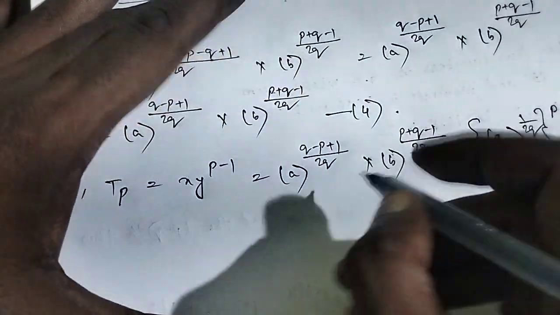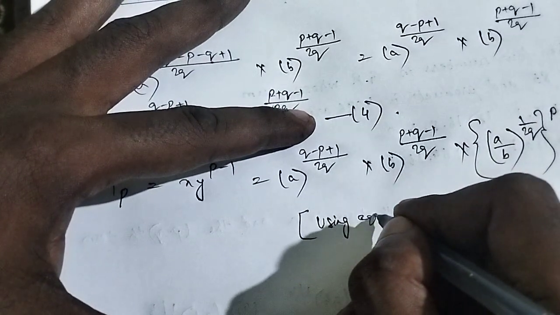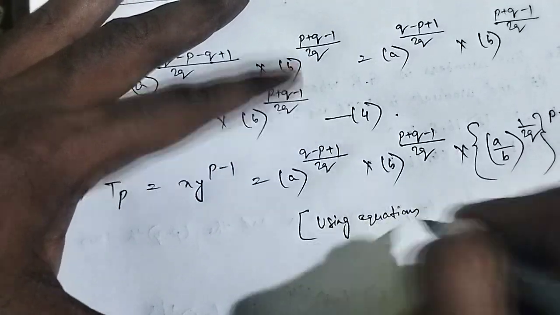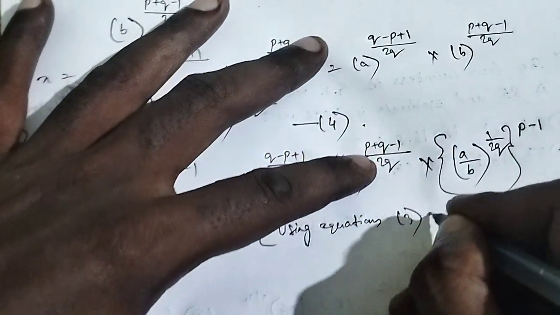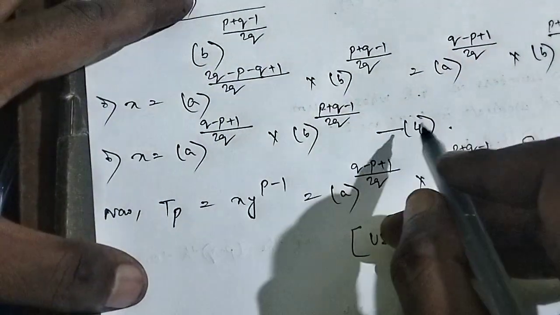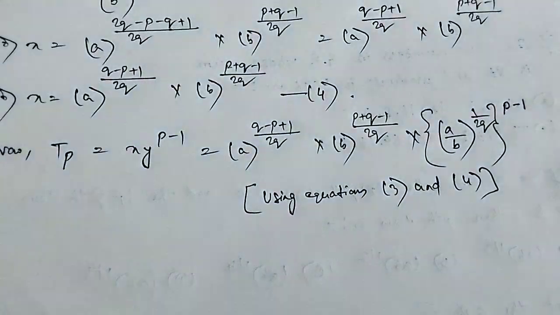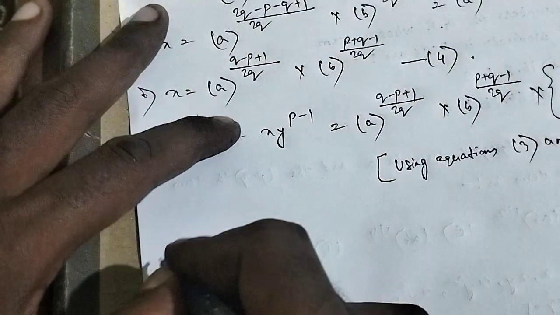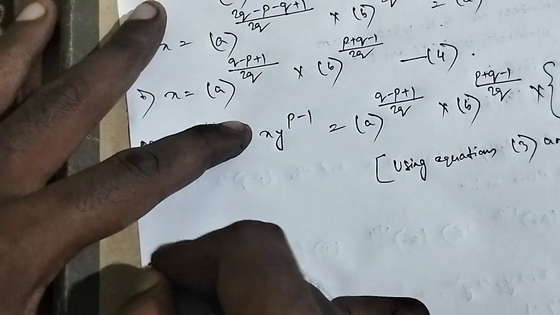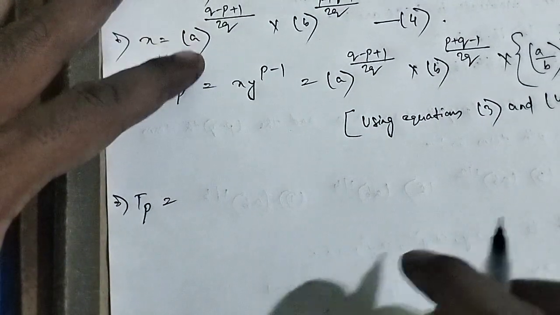okay, now here we have to write using equations 3 and 4, we got this value using equations 3 and 4. Okay, you have to write this. Okay, so now pth term, we are trying to find the pth term.